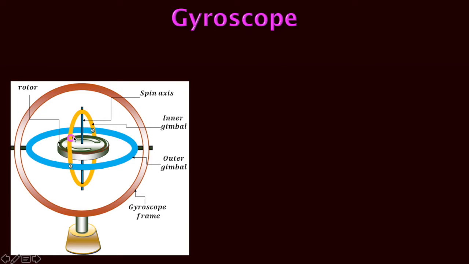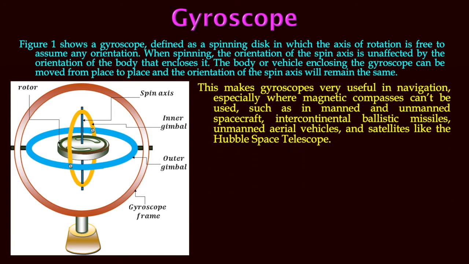And the rotor is rotating about this spinning axis with very high speed. Now, this is attached with this circular disc type object called gimbal. Generally, 2 or 3 gimbals are there in a gyroscope. It is the inner gimbal here and it is the outer gimbal.